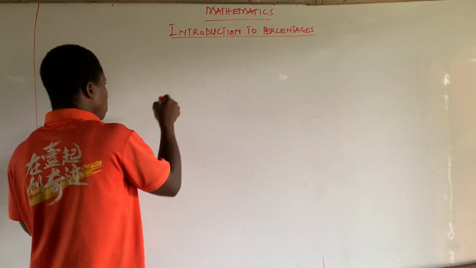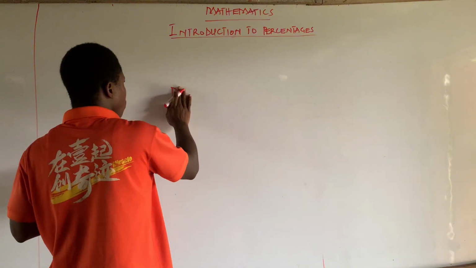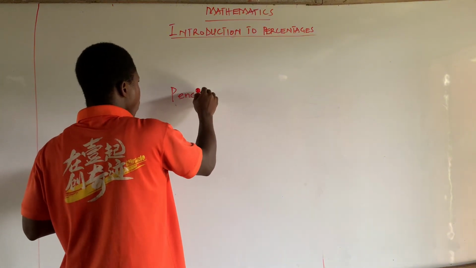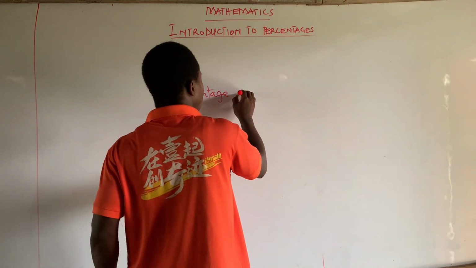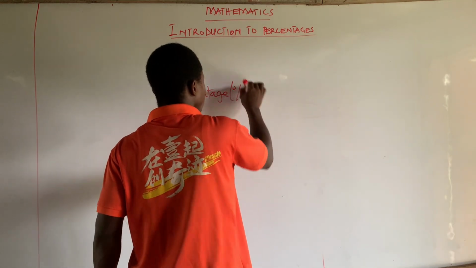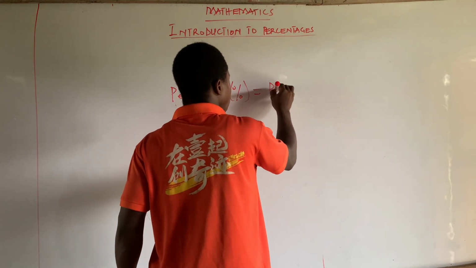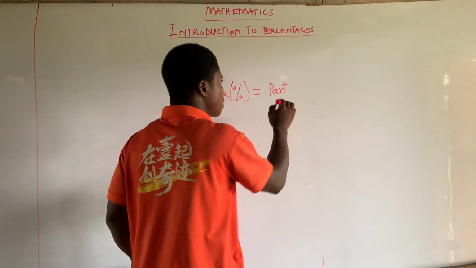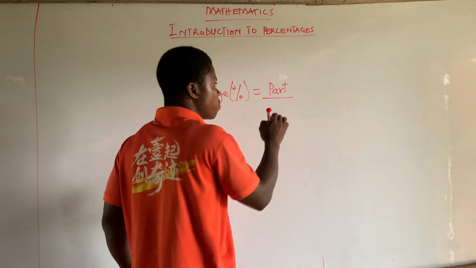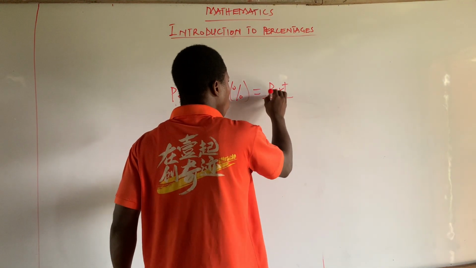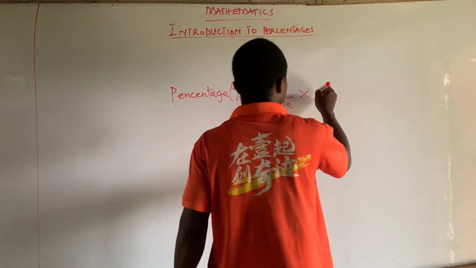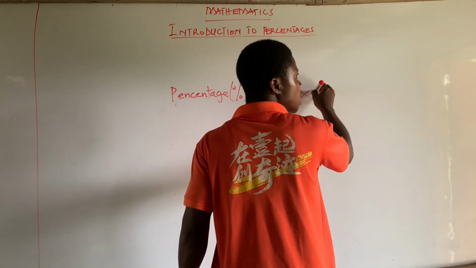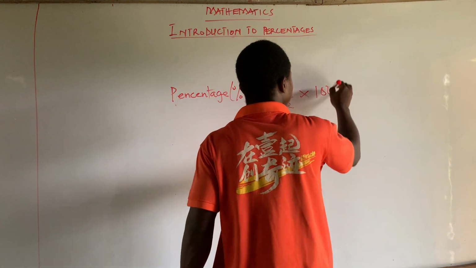So percentage equals the part of that thing divided by the whole thing, multiplied by 100%.